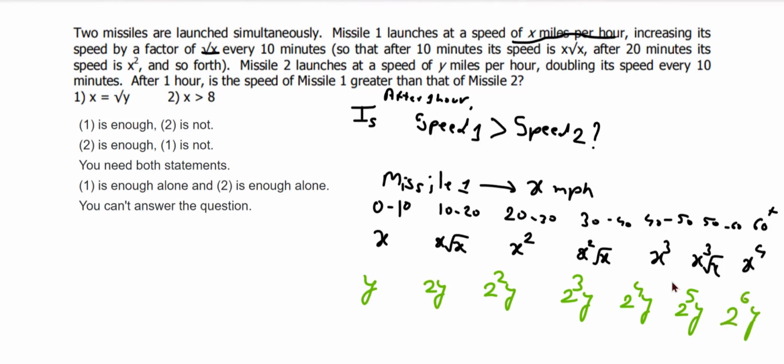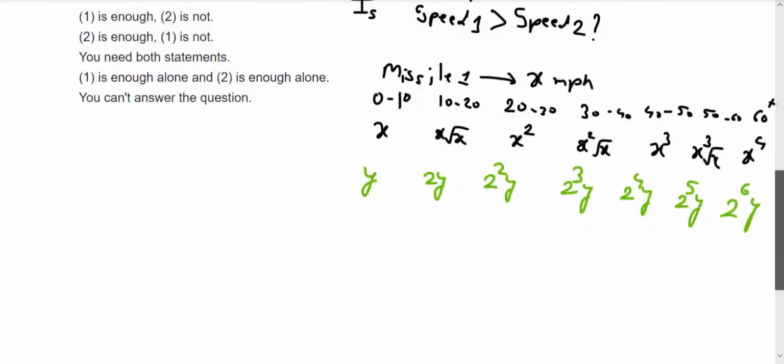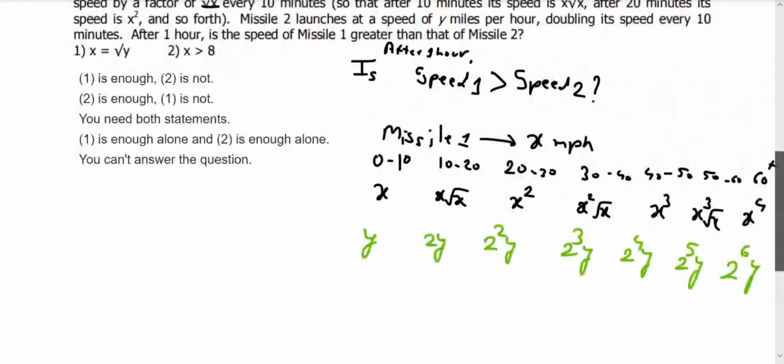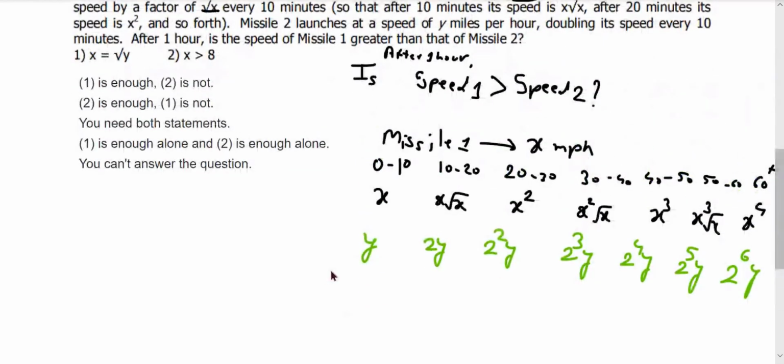2 to the 6y, right? So now, can we rephrase this question? Yeah. If we rephrase this question, we get: is x to the power 4 greater than 2 to the power 6y?